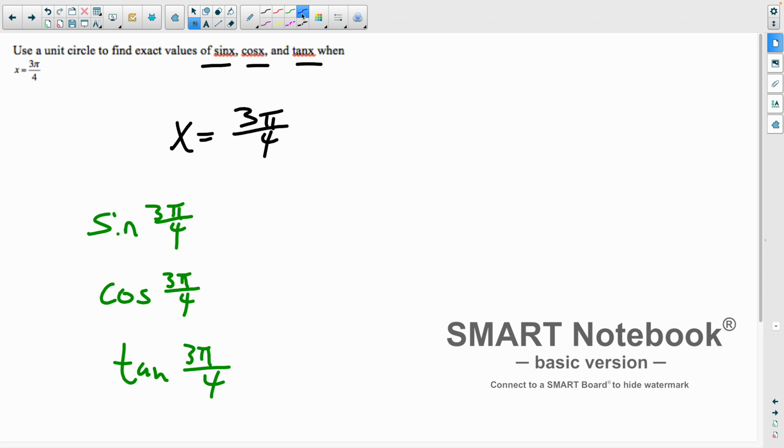What's your reference angle? Pi over 4, 45. Okay, pi over 4, 45.